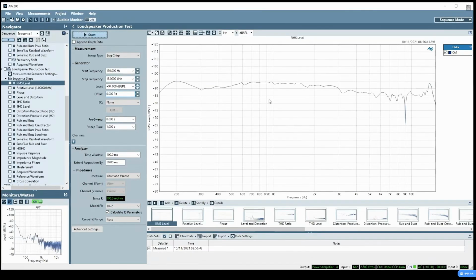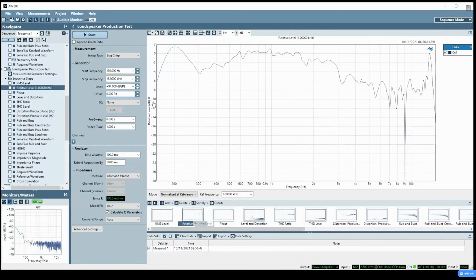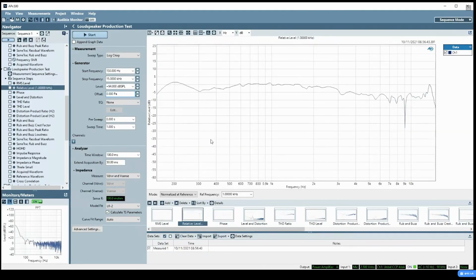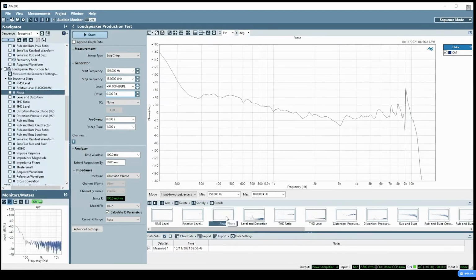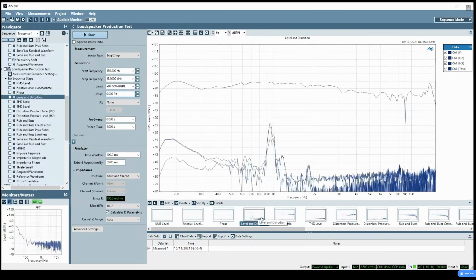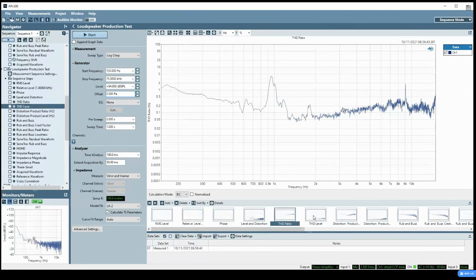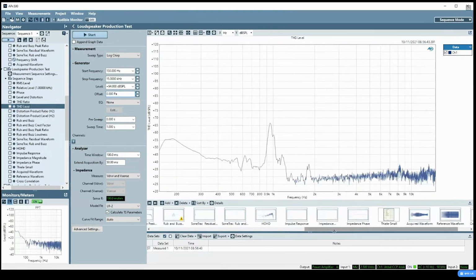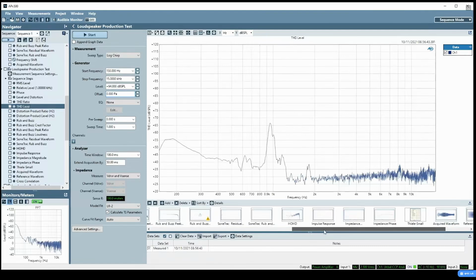Here we've got our RMS level response, relative level, phase response, and then, as we've just been through, level and distortion, THD ratio, THD level. Let's have a look at some of these.